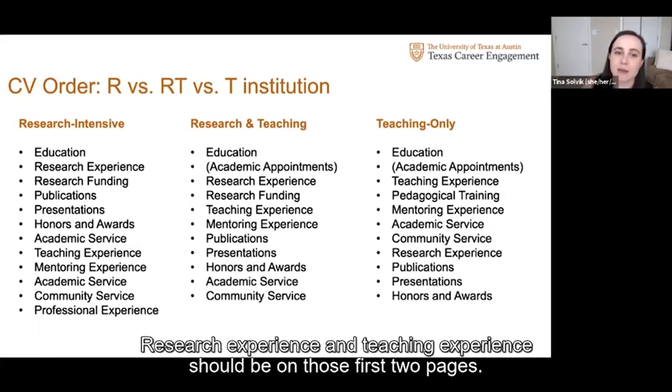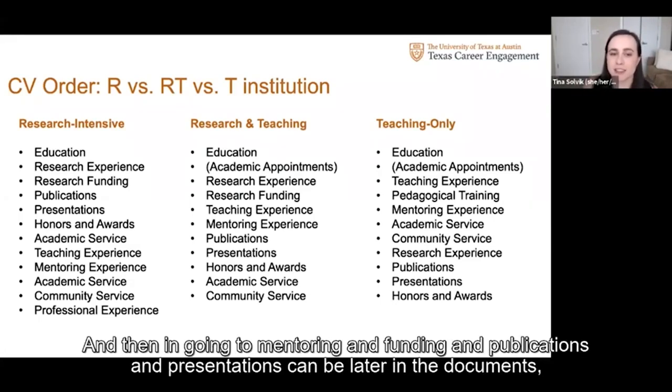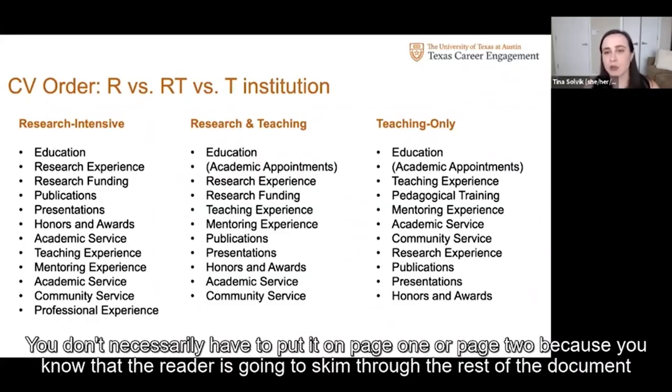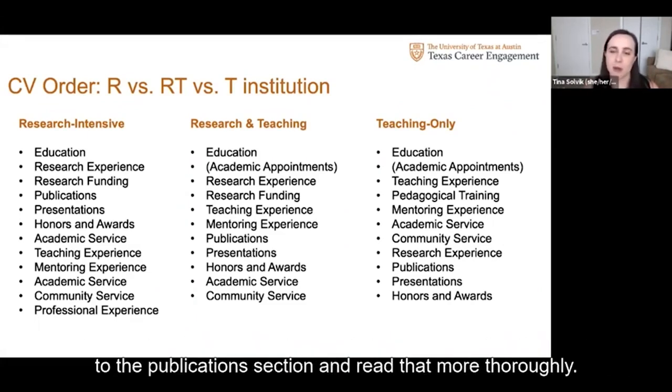And then go into mentoring and funding, and publications and presentations can be later in the document because everyone is always going to go look at that. You don't necessarily have to put it on page 1 or page 2 because you know that the reader is going to skim through the rest of the document to the publication section and read that more thoroughly.